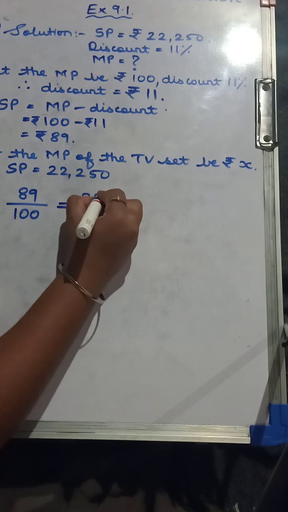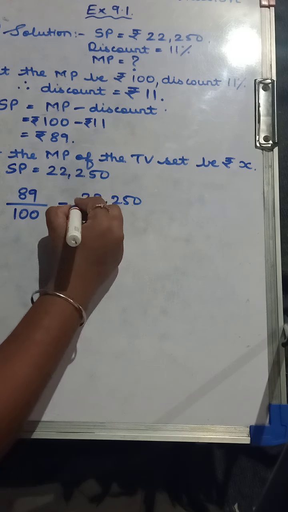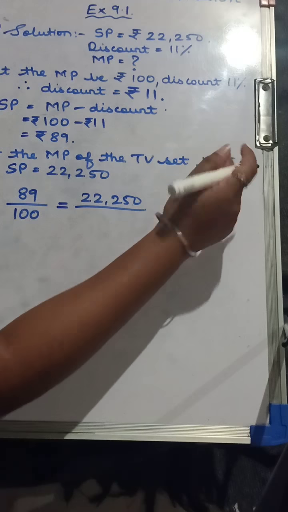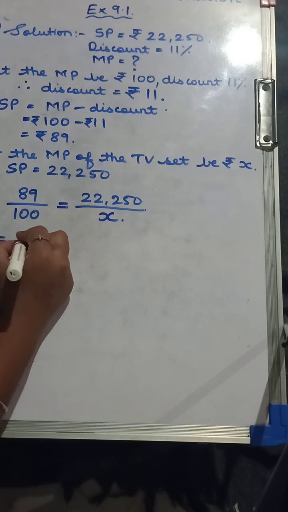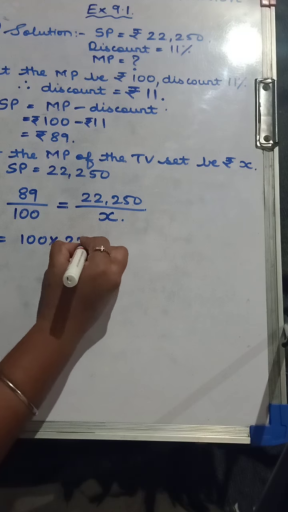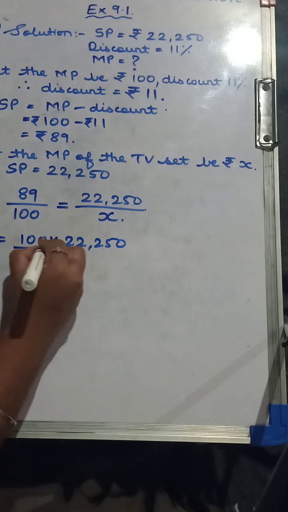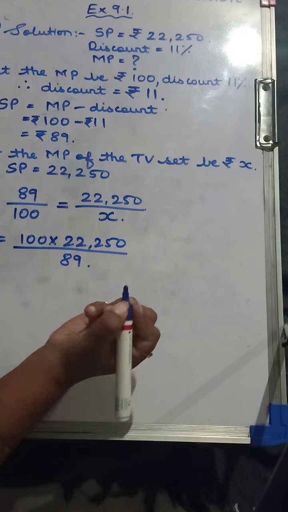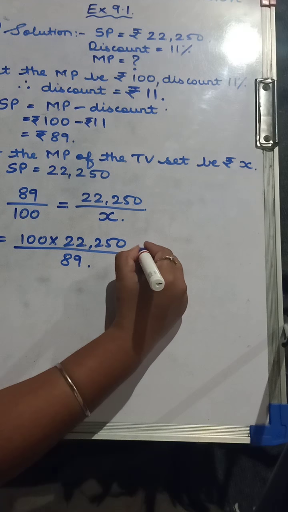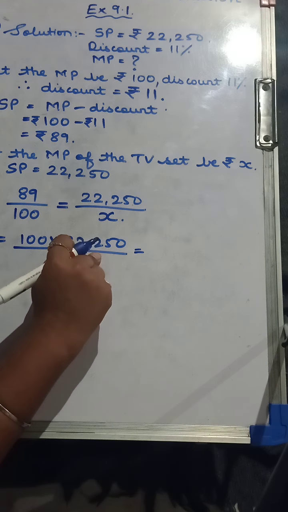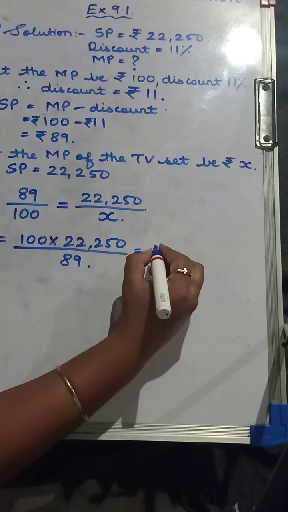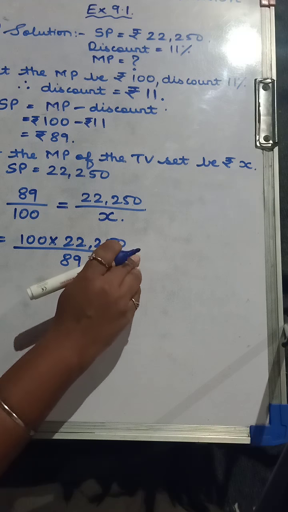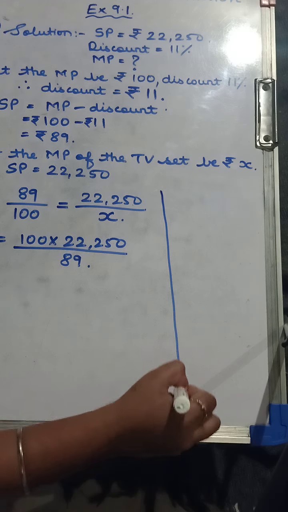Here the selling price is 22,250 upon our marked price is X. Okay, so here we are going to do cross multiplication. We are going to take X outside, and after cross multiplication, 100 multiplied by 22,250 upon 89. Okay, so here we are going to solve. 100 multiplied by 22,250 upon 89, which is, we'll write it down so that I can solve the rough work here.